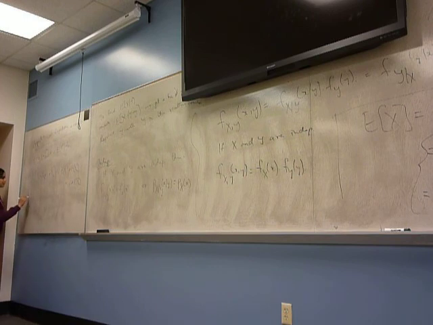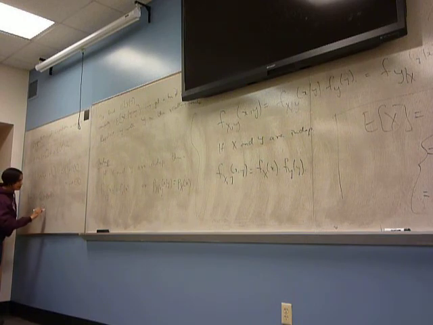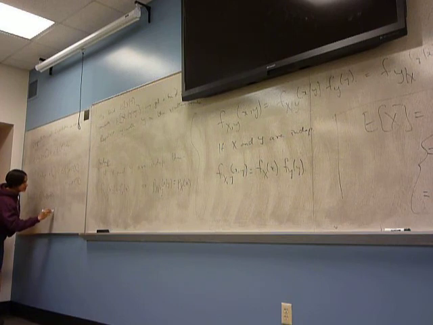With variance, first of all, what is variance? The formula is the expected value of X minus the mean, squared. And an easier formula for that is the expected value of X squared minus the mean squared.